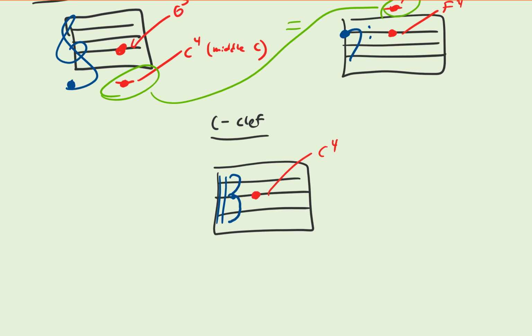So if that's C, that's going to be D, E, F, and G. So this is going to be G5. And then if that's C, then this is going to be B, A, G, and then F. So that's F4. That's pretty much all these things, and keep in mind these notes in green are the same.